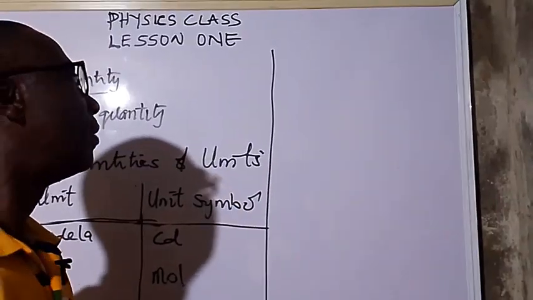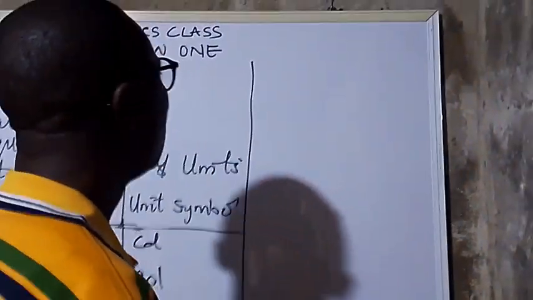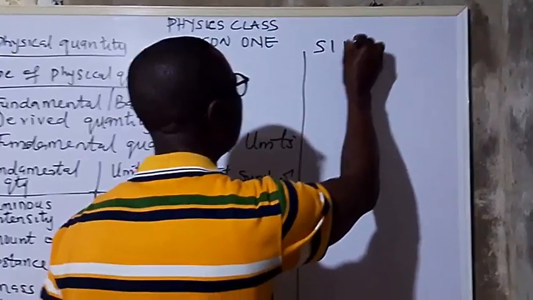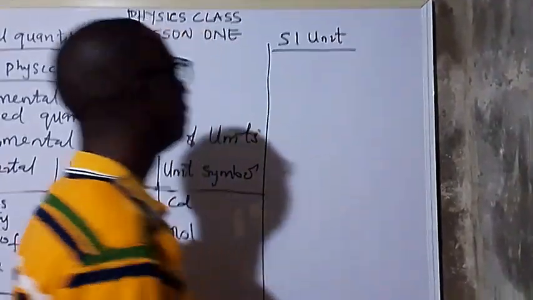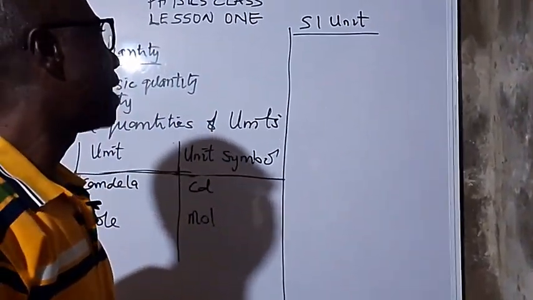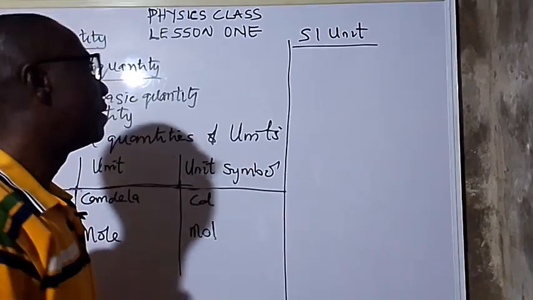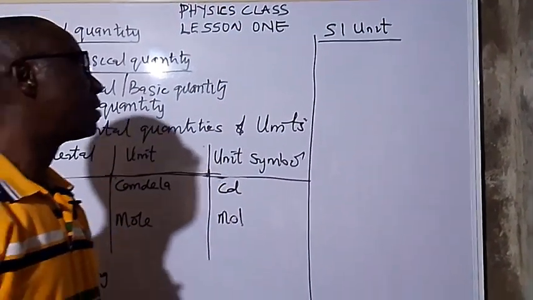Now, the next thing from these 3 major fundamental quantities is SI unit. When you say SI unit in physics, it means Système International unit or standard international unit.